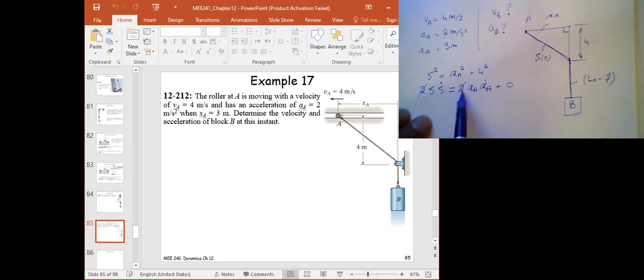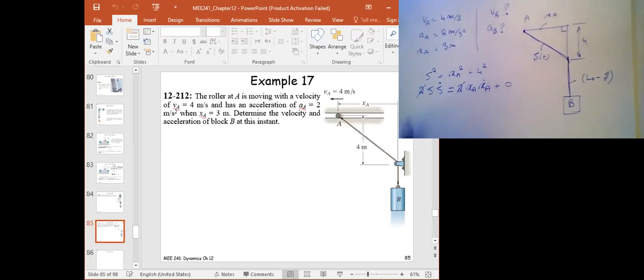So the 2 and 2 will cancel out, and I can find S prime. So what is S prime? XA XA prime over S. What is XA? 3. Bravo. What is XA prime? 4.